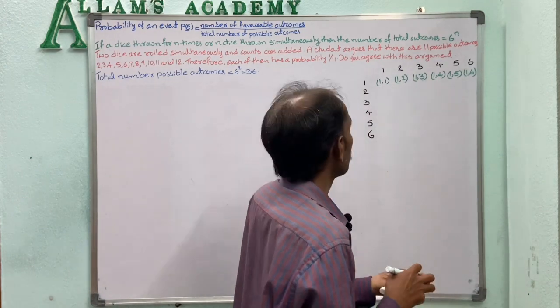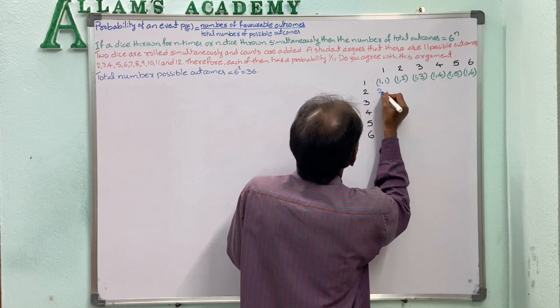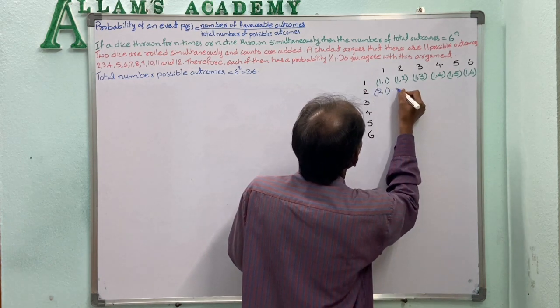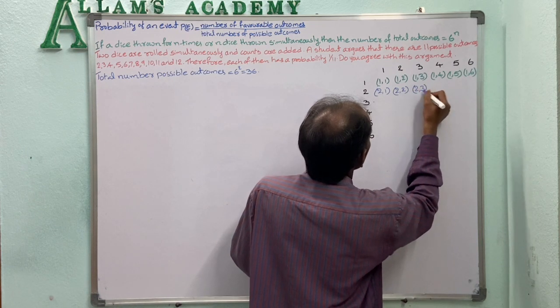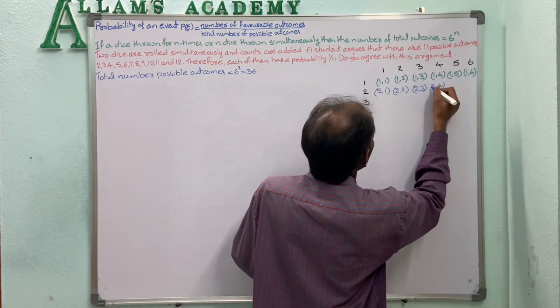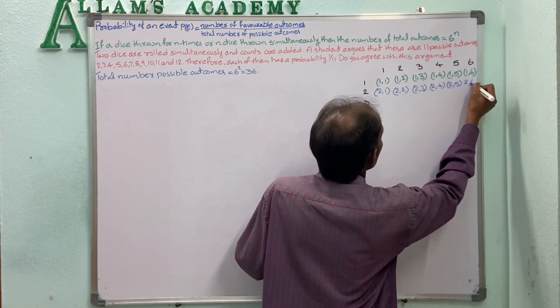Otherwise they will look like 2 1, 2 2, 2 3, 2 4, 2 5, 2 6.